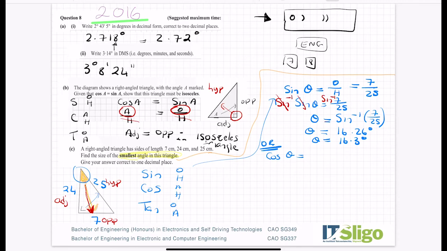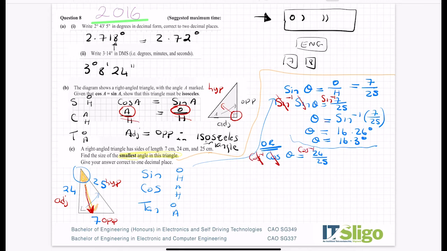Cos is equal to, you'll see, adjacent over hypotenuse. So my adjacent side is 24, my hypotenuse is 25. The opposite of cos, because again I want to get at theta the angle, is cos inverse. So I get the cos inverse of both sides.